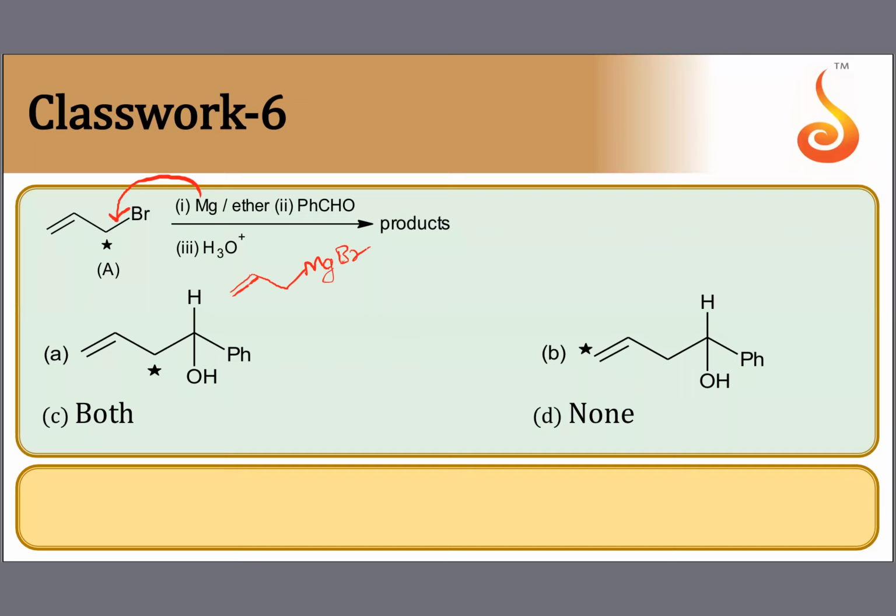This is one. Then it is subjected to nucleophilic addition reaction with acetaldehyde. The carbon holding magnesium is the nucleophilic carbon because of the higher electronegativity. This carbon attacks the electrophilic carbon, that is the carbonyl carbon, and undergoes nucleophilic addition reaction.